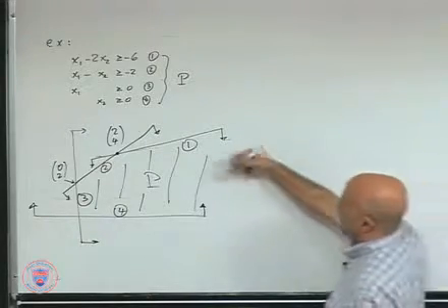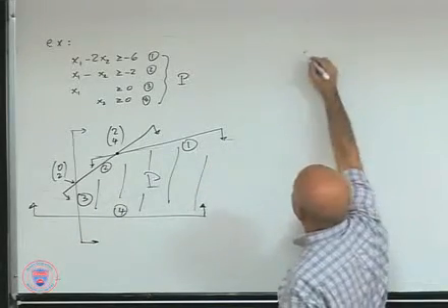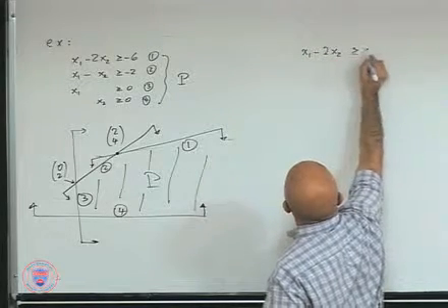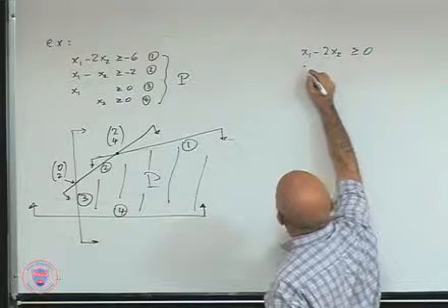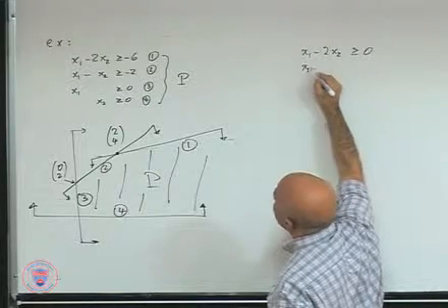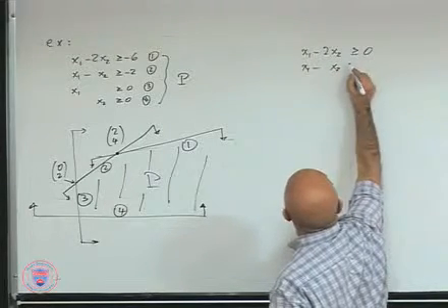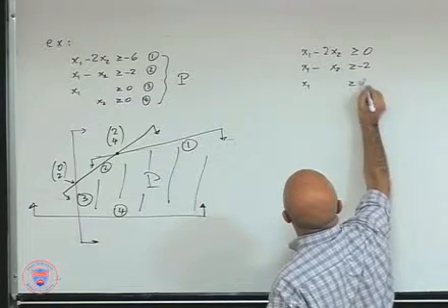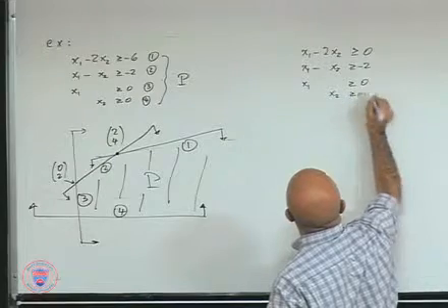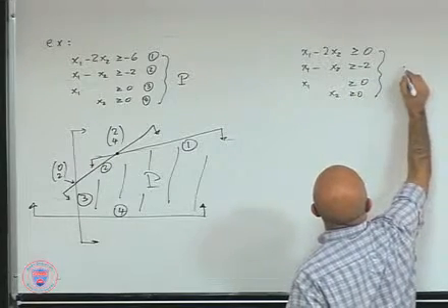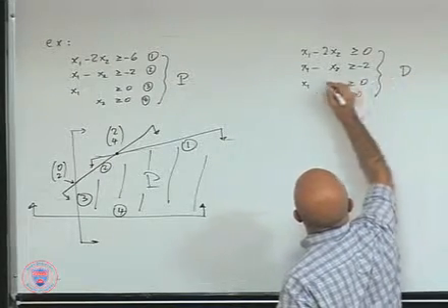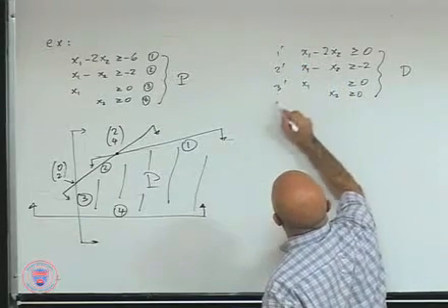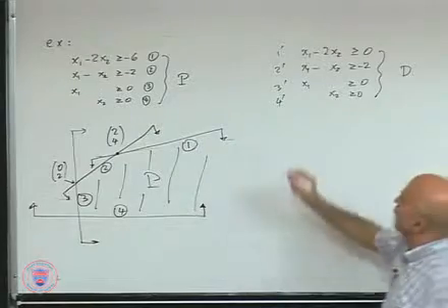Now, to form the set of directions of this, all you do is you replace the inequalities with the right-hand side being 0. So these define you the set D. Let's call them 1 prime, 2 prime, 3 prime, 4 prime. Okay?